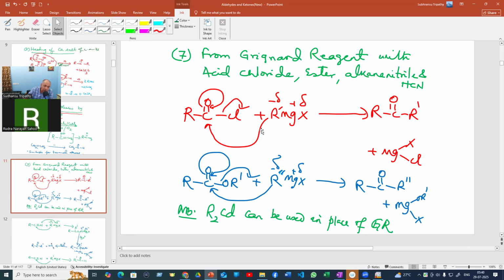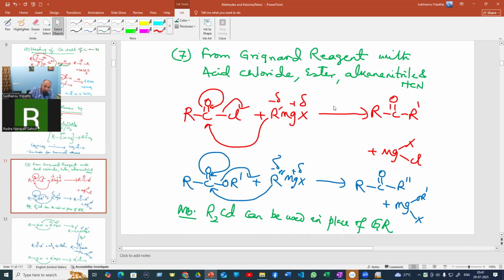The two steps have been depicted in one diagram. So Cl minus will join with the other part MgX. If it is MgCl, there is MgCl2. If MgBr, then MgClBr, and so on. These are all ionic compounds. Forget about them. Also, the same thing will happen with ester. Ester also will go as alkoxide, which will be joined with magnesium as alkoxide ion.